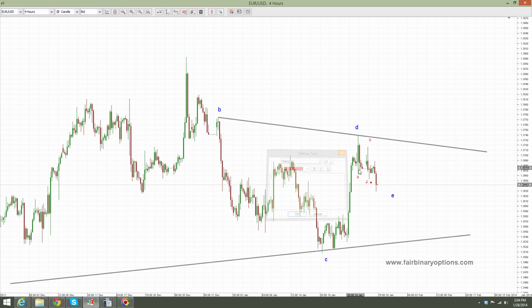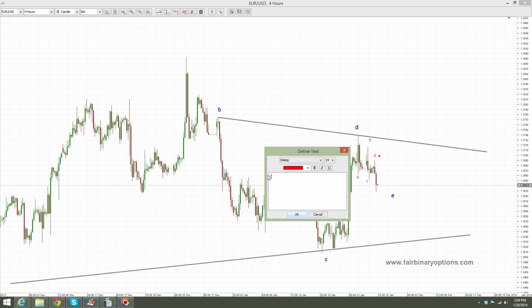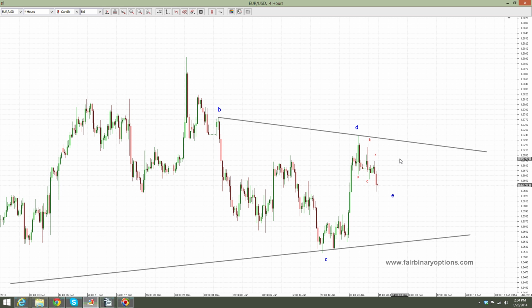So A, B, C, and then of course we're looking at an X wave. And now we're looking for another corrective wave that can be, again, either a contracting triangle, or a zigzag of a lower degree, or a flat of a lower degree, so that the market does a double combination. But anyways, the E wave can be done either here, or stuff like that.